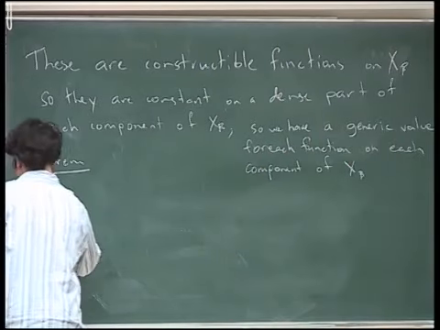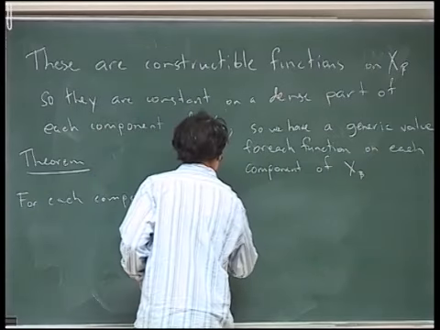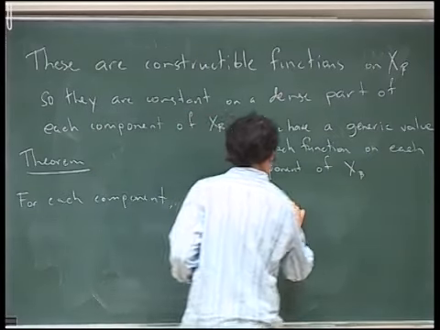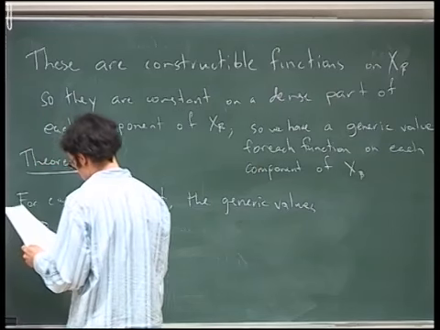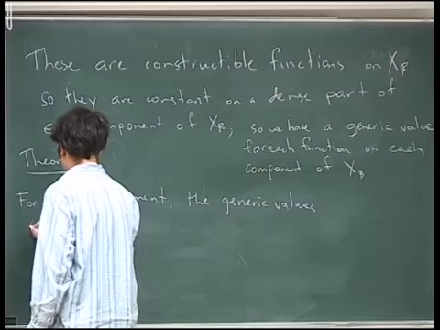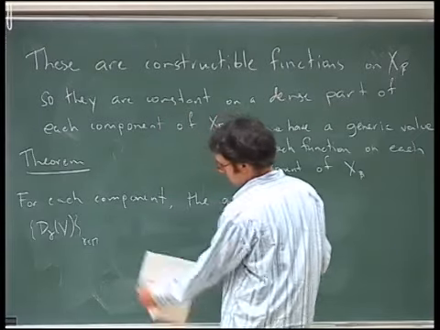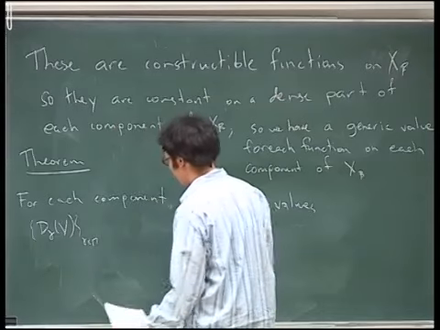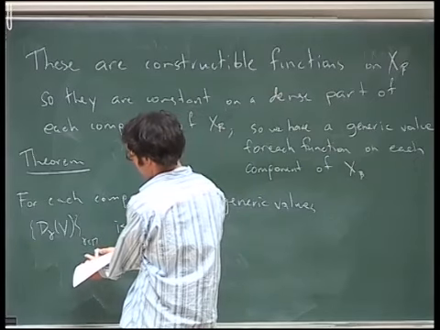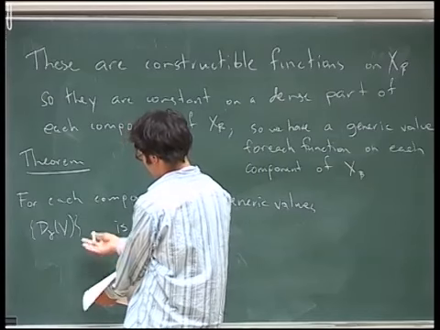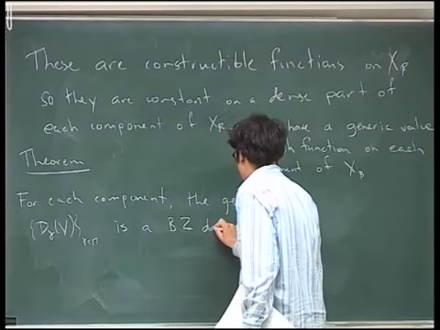So the theorem: for each component, the generic values d gamma of V, over the gammas, will be this generic value on a component. So this is a collection of integers, positive integers, one for each chamber weight. And the statement is that this is a BZ datum.